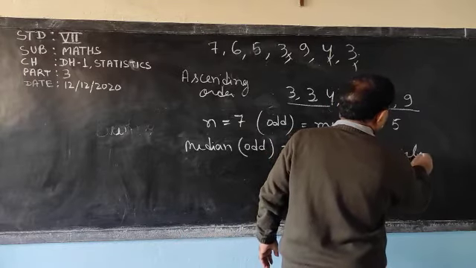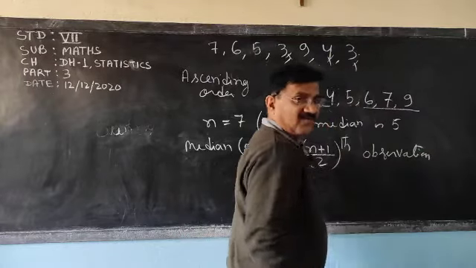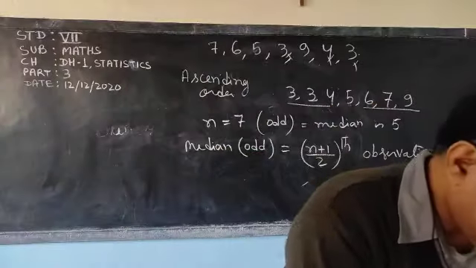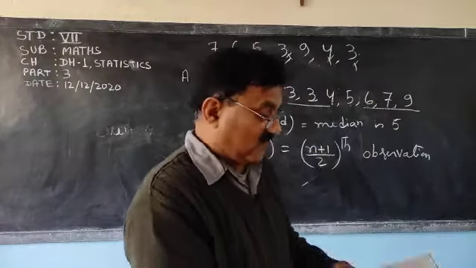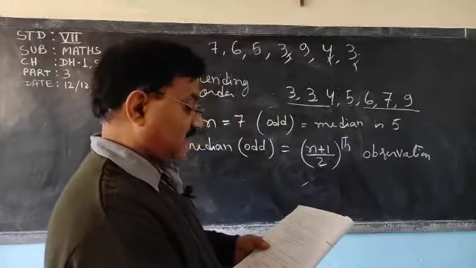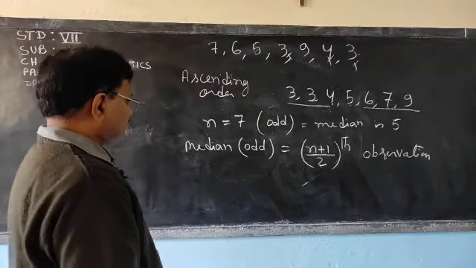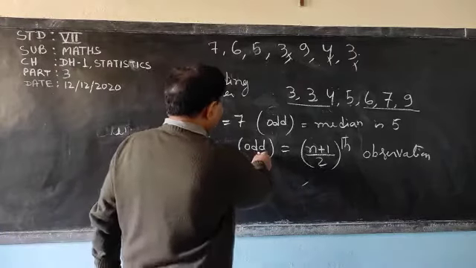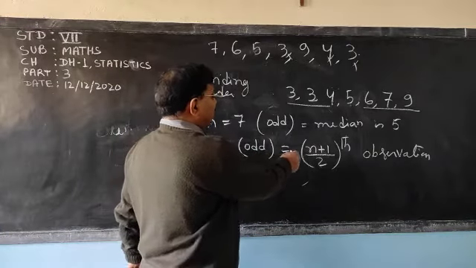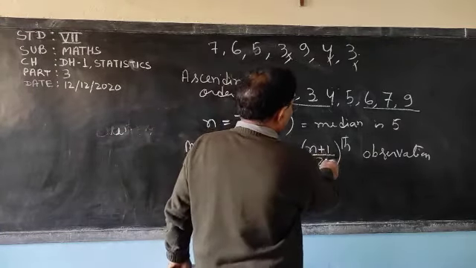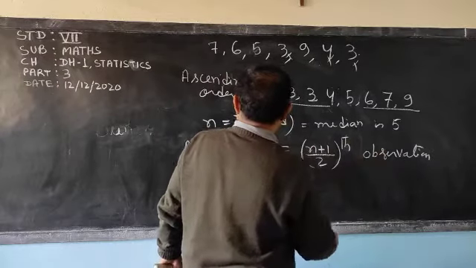What I have written, which formula I am writing. Now, if odd number is there, then we will use the formula n plus 1 by 2th observation.